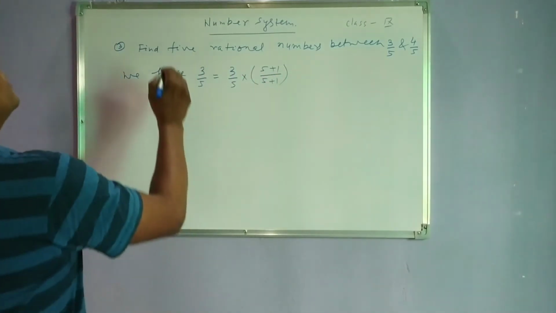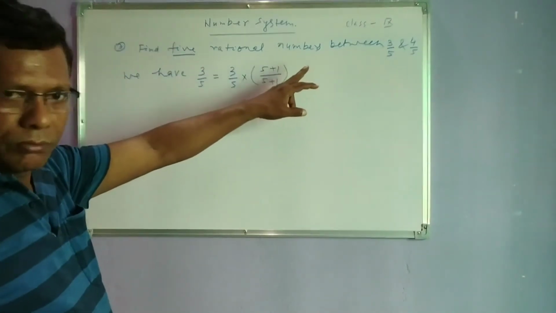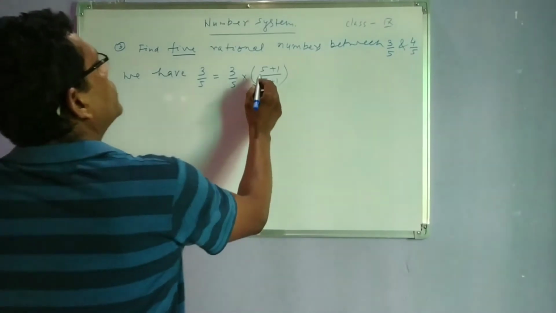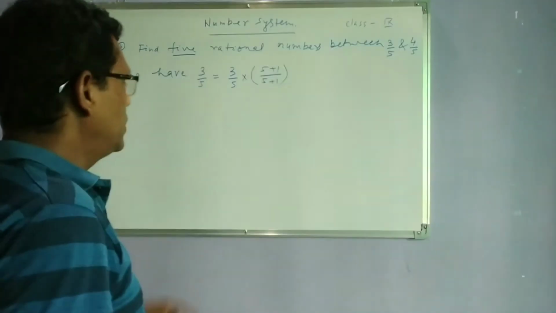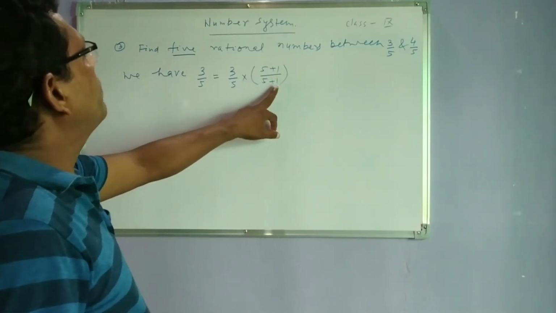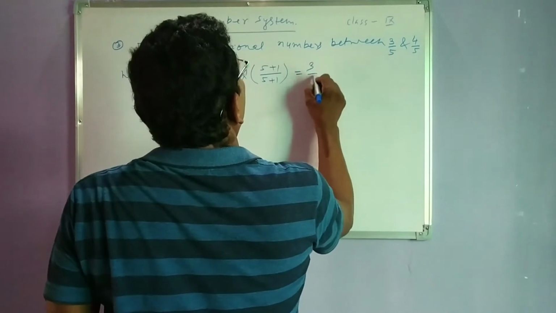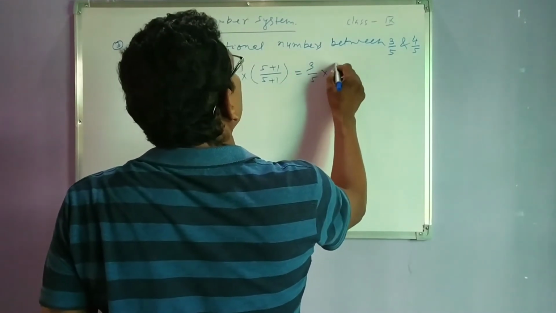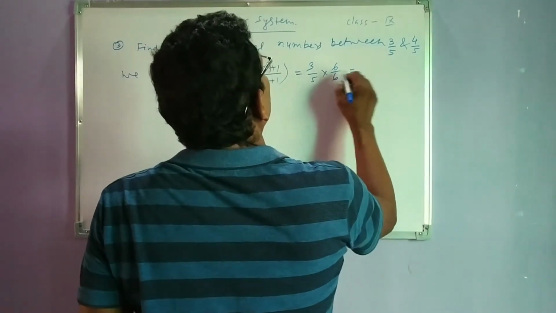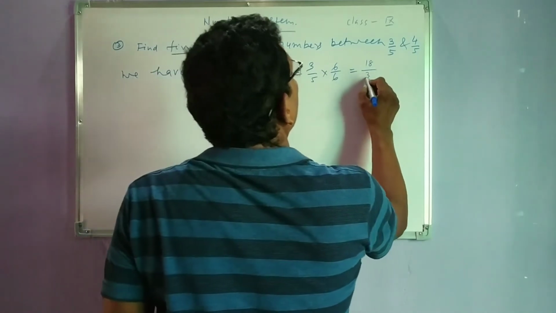Here it is saying we have to find 5 rational numbers, so we will take the next number. That is why I have added 1 in 5. So 5 plus 1 divided by 5 plus 1. So 3 by 5 into 6 by 6 equal to 6 3s are 18, 5 6s are 30.